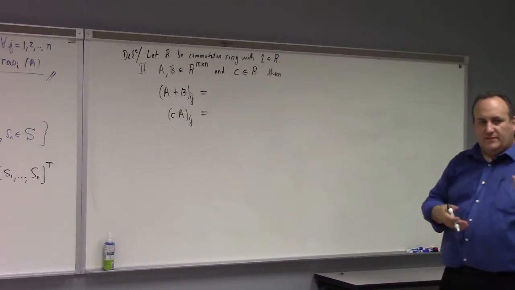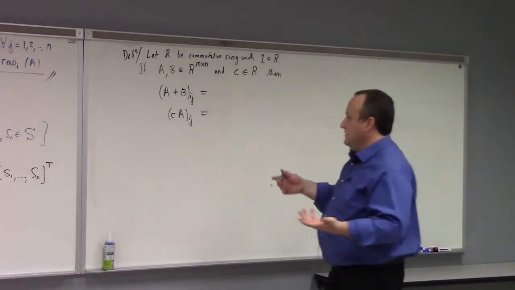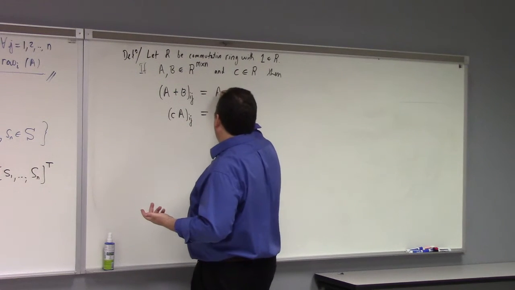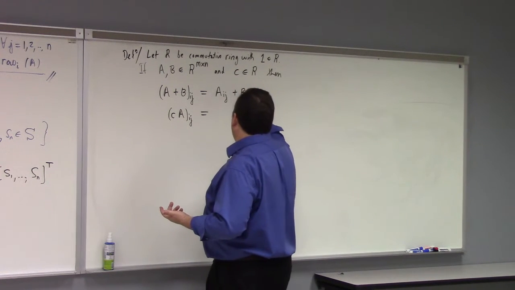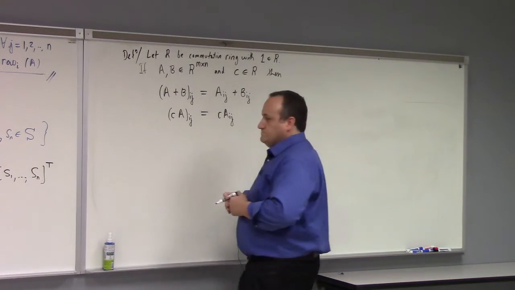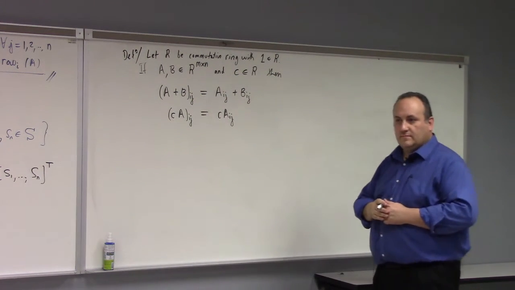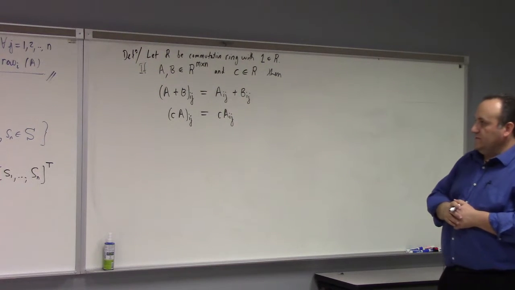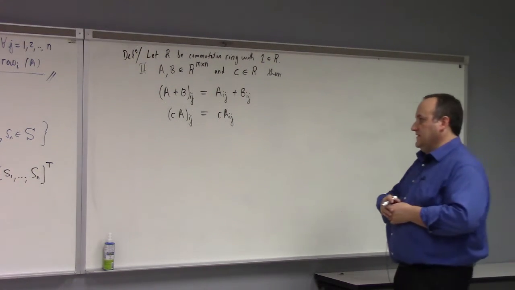Like, how do we define the sum of two matrices? Just component-wise, right? This is A_ij plus B_ij, and this is C times A_ij. So there you go. That's the definition.